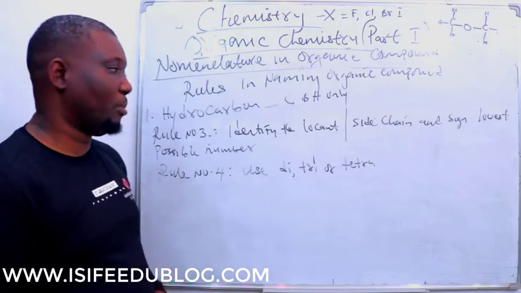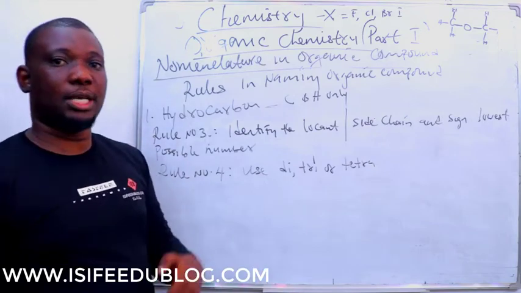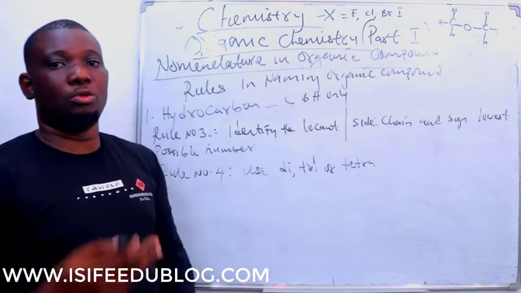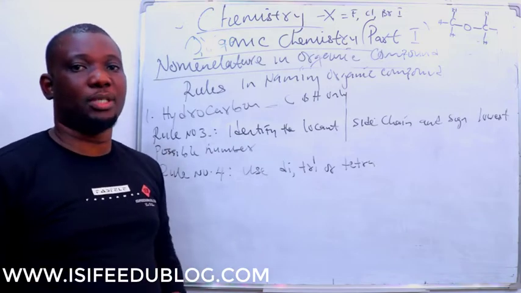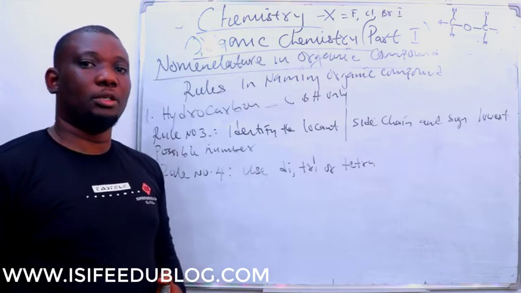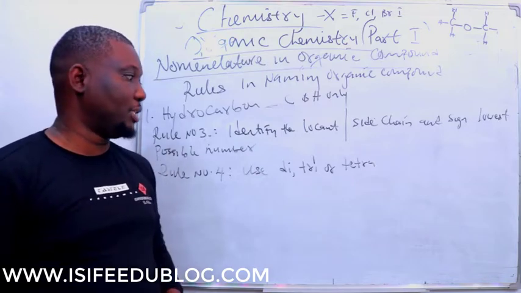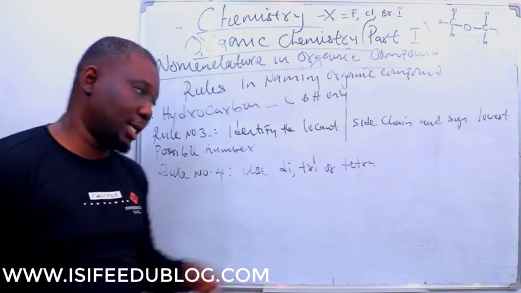Once you see an alkyl that appears two or multiple times, on either the same carbon or different carbons, the use of di, tri, and tetra is very paramount. So that's rule number 4.